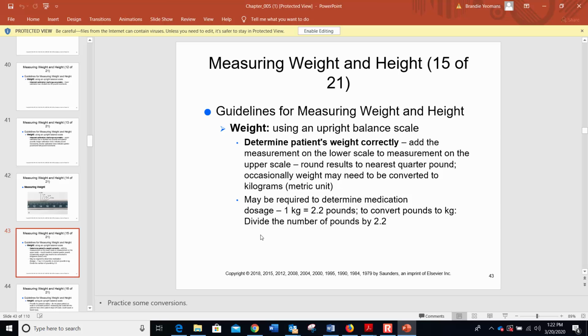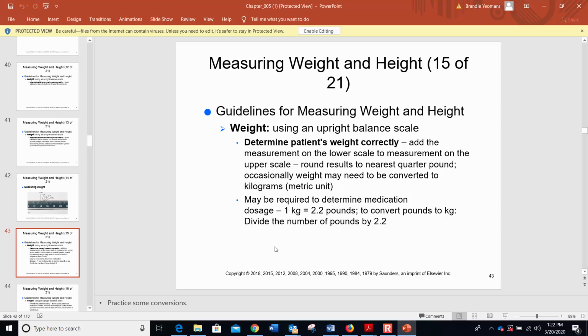Now, looking at weight, you are going to be asked by your physician to give the weight in pounds, and then also may be asked to figure out the weight in kilograms. So if you have the weight of the patient in pounds, and you want to take it into kilograms, you're going to divide the number of pounds by 2.2, and that will give you the kilograms.